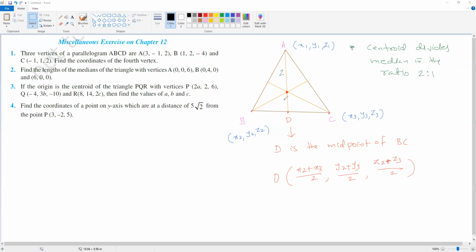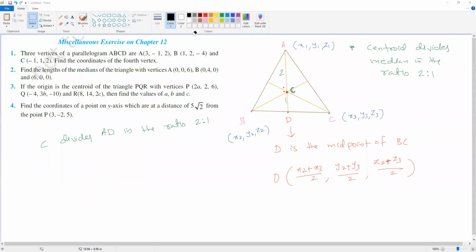That means it will divide it in the ratio 2 is to 1. So call the centroid G. That means G divides AD in the ratio 2 is to 1. We have the coordinates of A, x1, y1, z1, and we also have the coordinates of D.